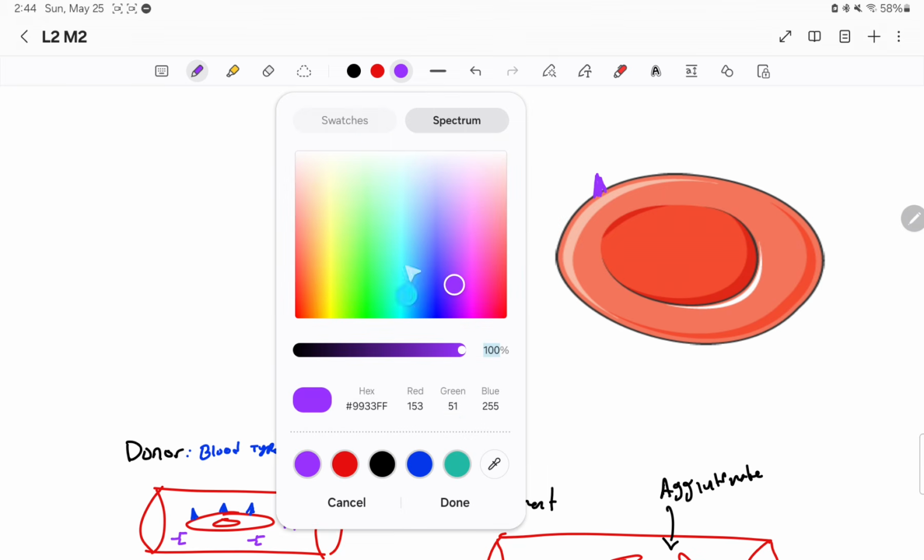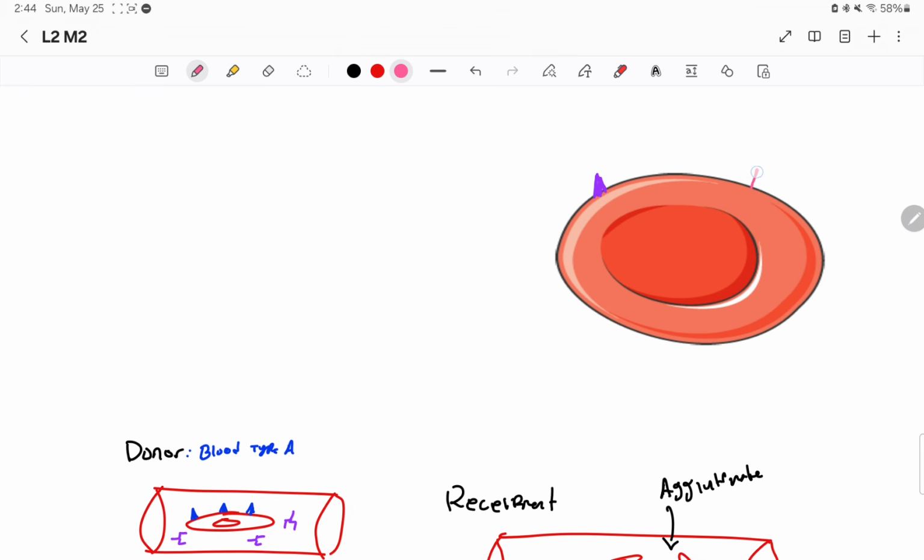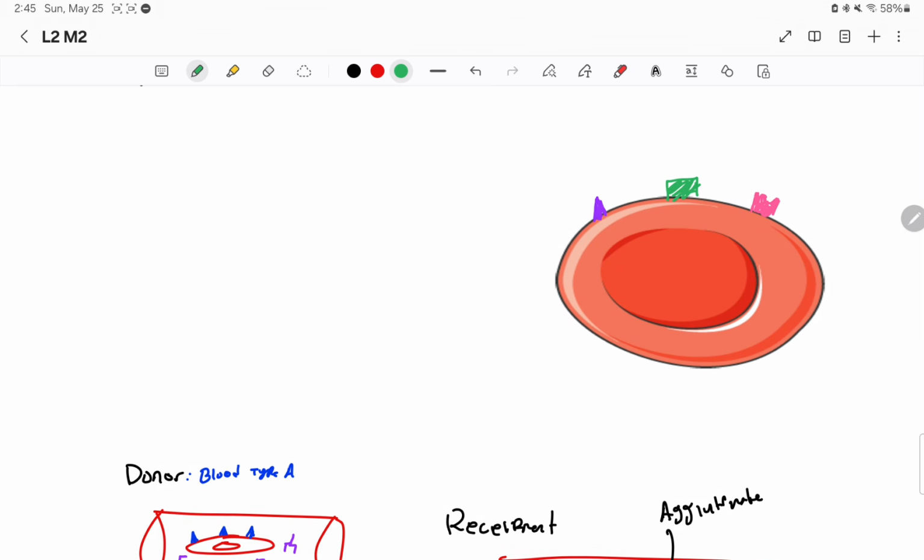Let's say here's the plasma membrane of this red blood cell. It contains this antigen, and let's say it contains this guy, and it also contains this guy. Boom. So these right here are all surface antigens.